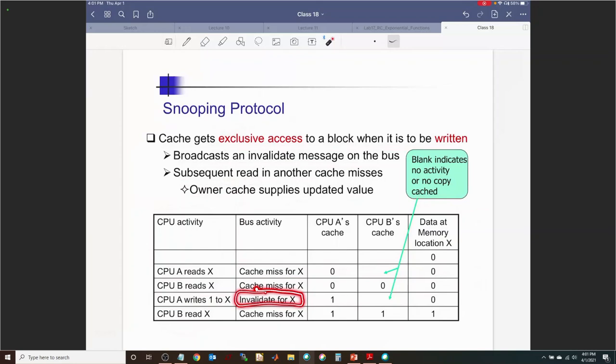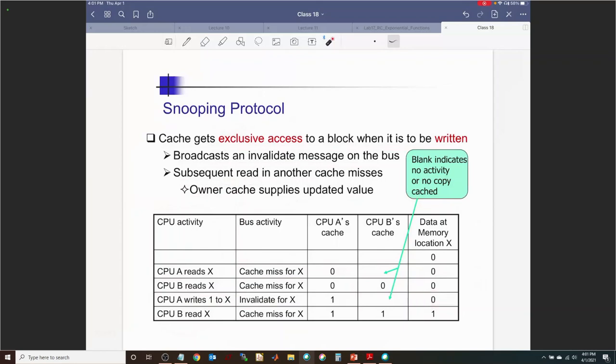It's no longer valid. So it wrote a 1, so this one is a 1. The private copy in B is dropped. No cache copy kept. It becomes invalid. We have not written this to the physical memory yet.